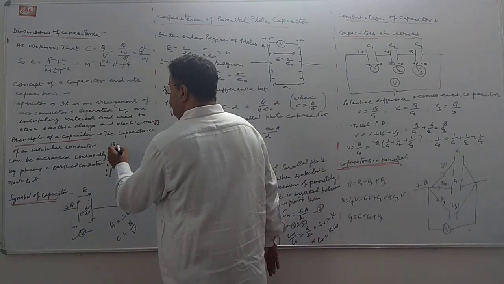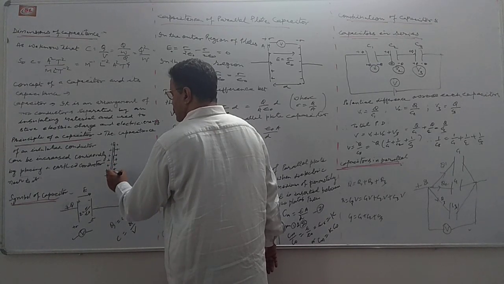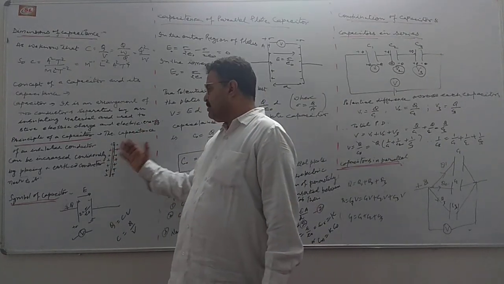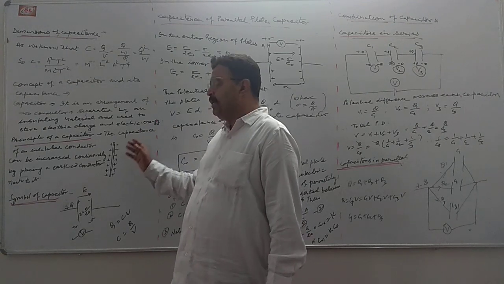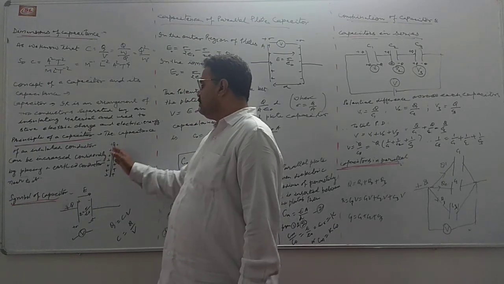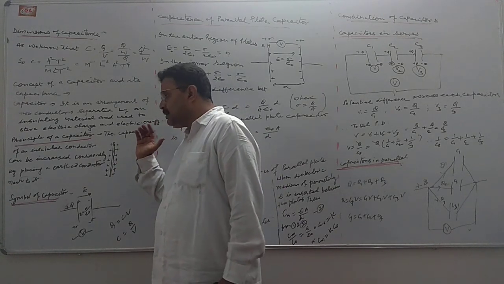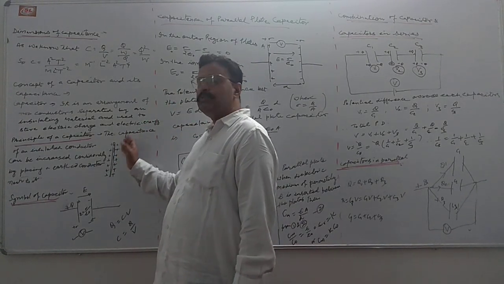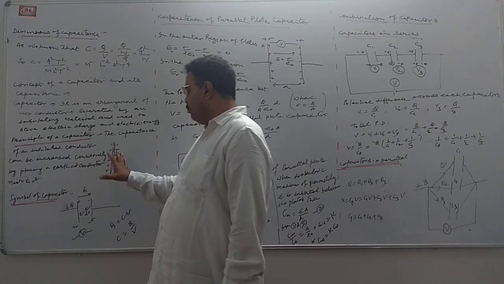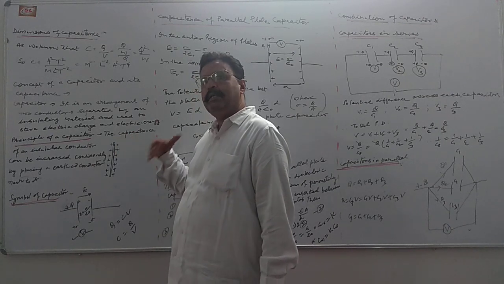Then again we give more charge, and its potential increases more, and this process continues till its potential becomes maximum. Beyond that maximum potential, if we give more charge to this conductor, the charge will leak to the surrounding due to ionization.